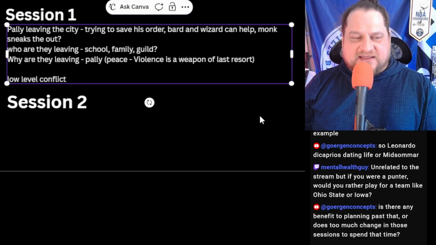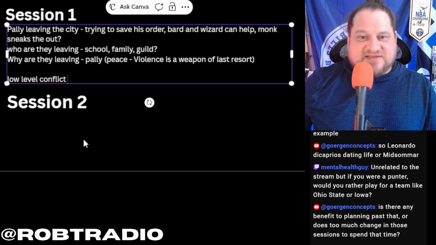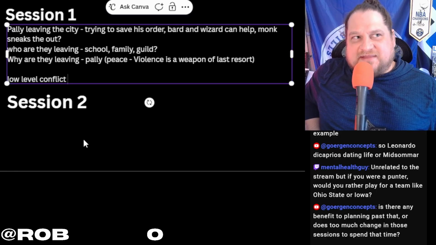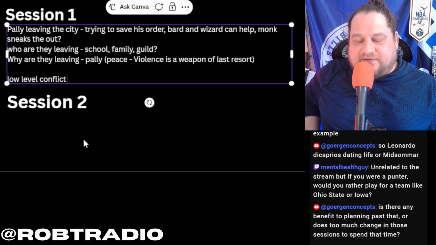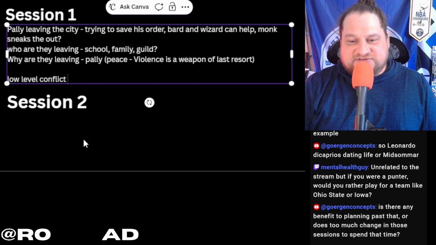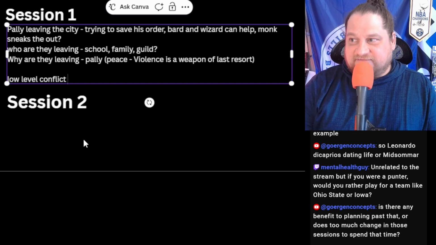Monks get their subclass at, well, I'm not sure. But if they have their subclass, chances are I think it's level 3 for monks. I don't know. I want to look, but it's a waste of time. So they're at least a level 2 or 3 party based on this. But you still need a low-level conflict.